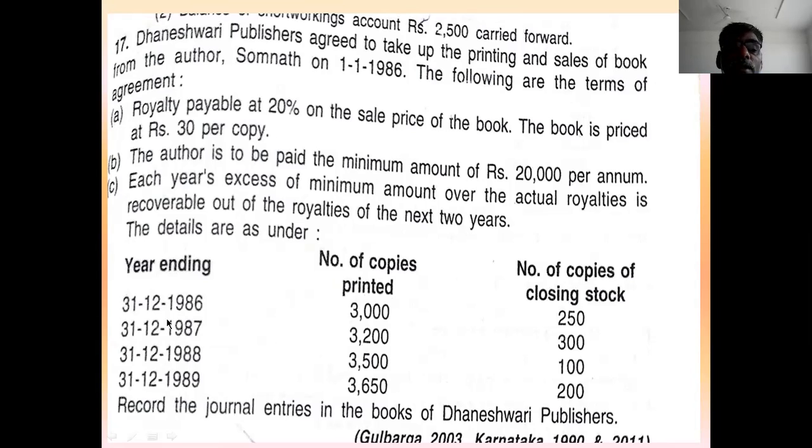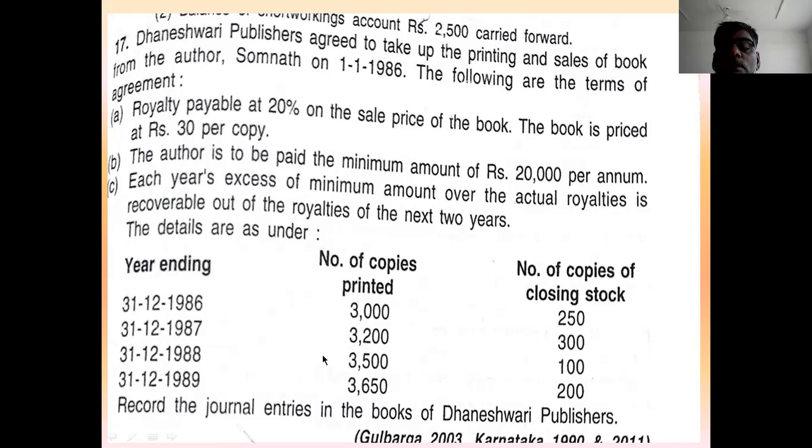You see here, 1986 closing stock 250 becomes the opening stock for 87. 300 closing stock of 87 becomes the opening stock for 1988. 100 closing stock of 1988 becomes the opening stock for 1989. This is the point you remember. This is the accounting principle. You know that last year closing stock becomes the opening stock for the current year. This is the point you remember.